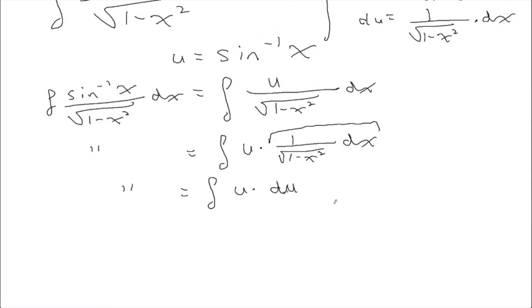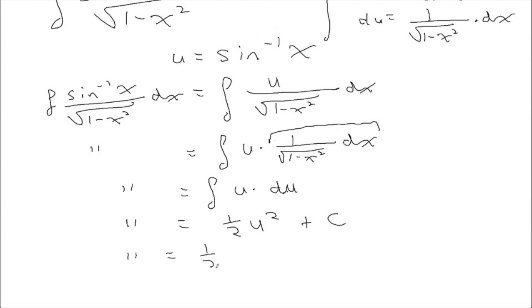Okay, so now we can take the antiderivative, and it will be, let's see, you put 1 plus 1, 2. So 1/2 u squared plus c. Good, excellent. And now we can just plug in u, and u was inverse sine of x.